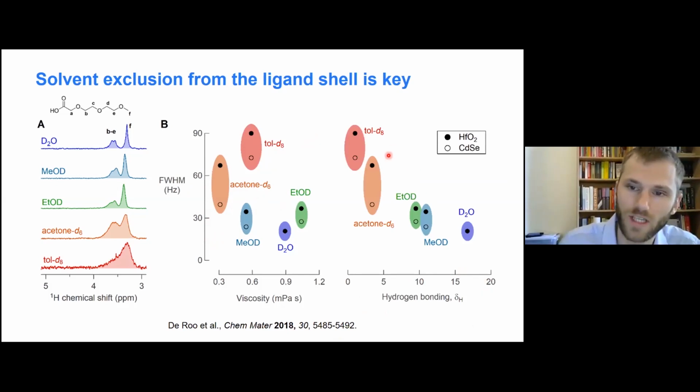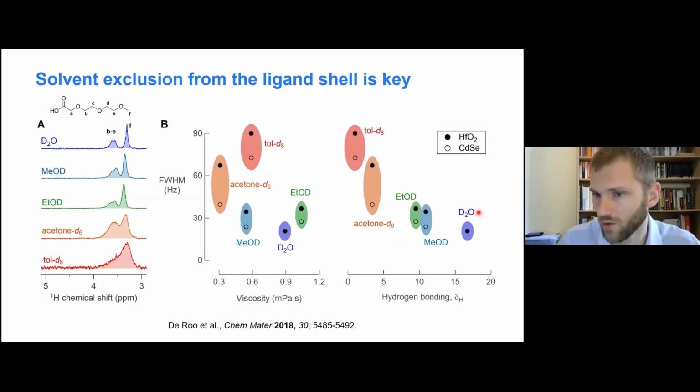And it turns out that this data correlates best with the hydrogen bonding parameter. And this is not very surprising. Just look at this molecule. This really likes hydrogen bonding. So any solvent that is very good at hydrogen bonding would interact really well with this particular molecule. And so water is the best, then methanol, ethanol, then acetone, and then toluene.